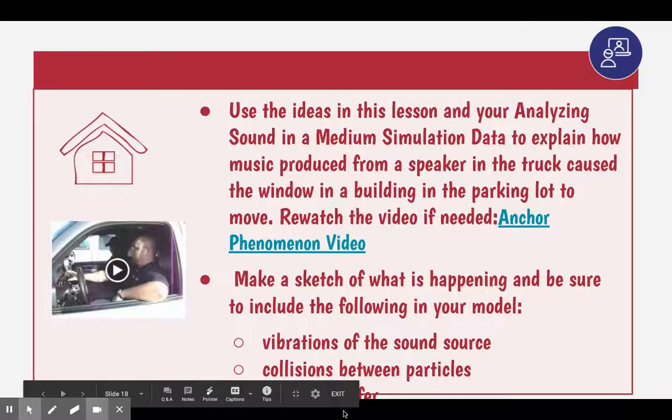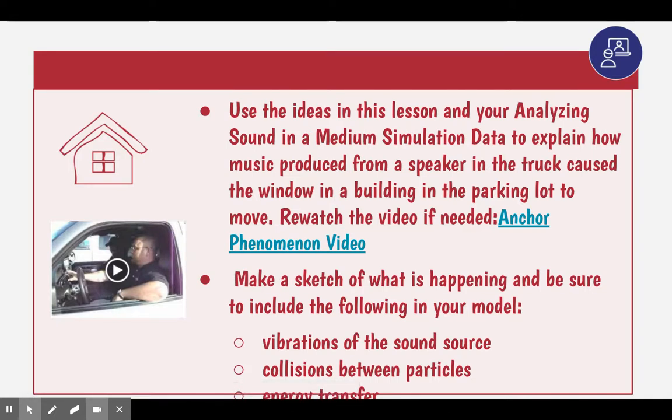Here's what you have to have: vibrations of the sound source, collisions between particles, energy transfer, and changes that happen in the particle density across the medium. Those should all be included in your final model.